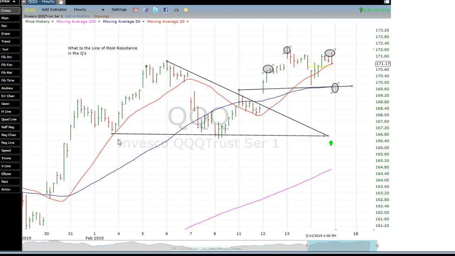And you can see here that this ties to lateral support coming off these bottoms, and where they intersect, it's basically a pivot point, and currently this ties to around 166.50, 167 on the Qs.